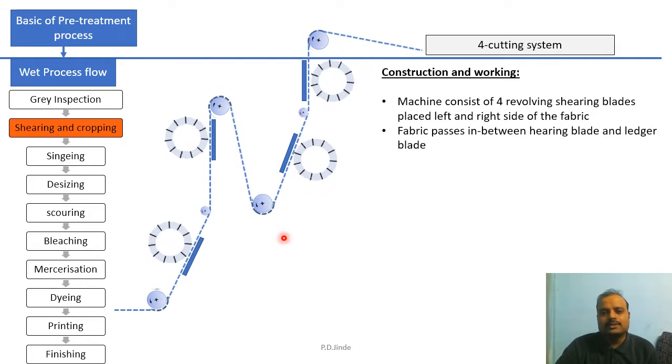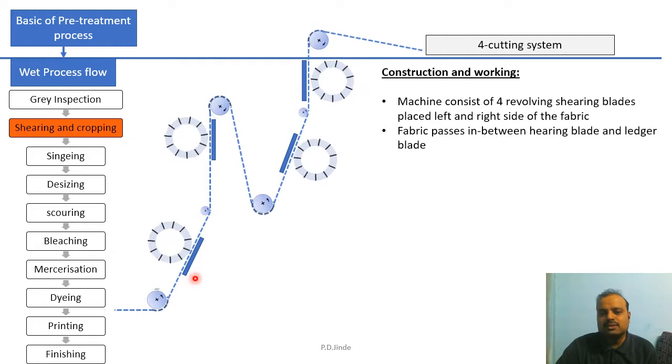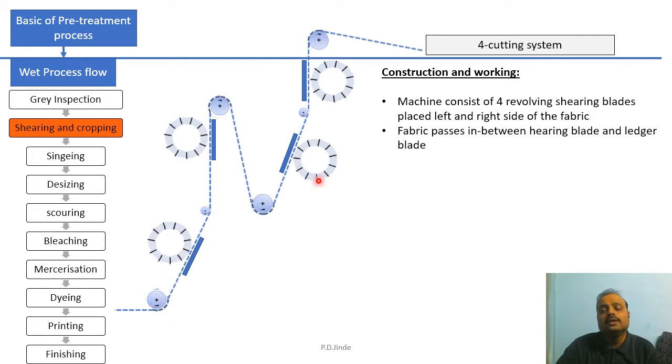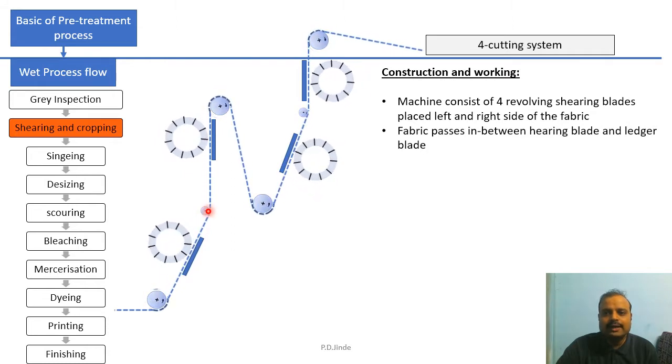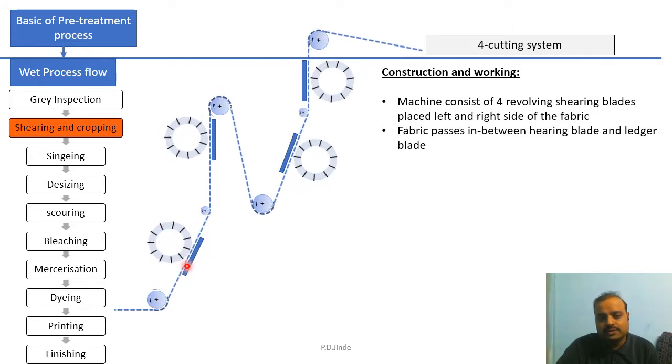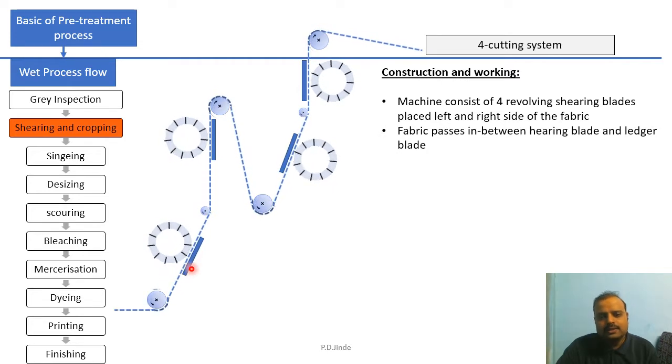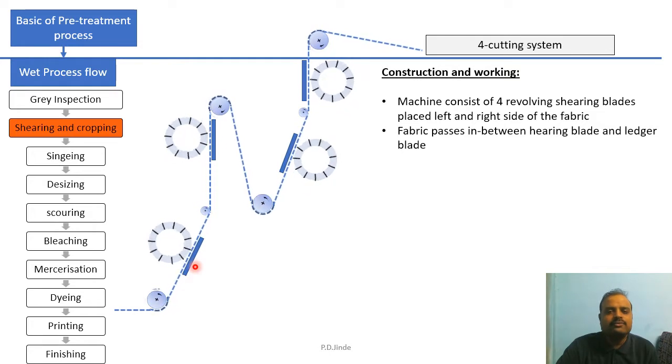So in our case right now, this machine is a 4 cutting system, meaning 2 shearing rollers with blades are placed on the left side of the fabric, and 2 shearing rollers are placed on the right side of the fabric. Fabric passes in between the shearing roller and ledger blade. You can see over here, this dark square patch is called the ledger blade, and its only function is to guide the fabric properly, whereas the shearing roller has a blade.